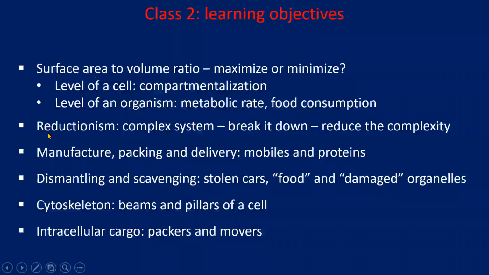Then we will talk about the reductionism of the cell, and how we study the cell, because it's very complex. We can break it down, and after breaking it down, one can reduce the complexity.